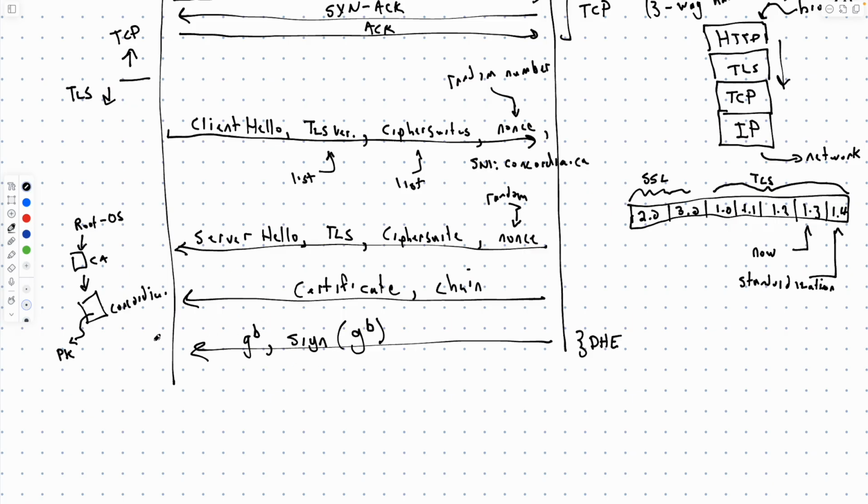Okay, so now the client has the first half of the exchange. The client has the key out of the certificate. It will take the key, it will take G to the B, and it will take the signature on it.